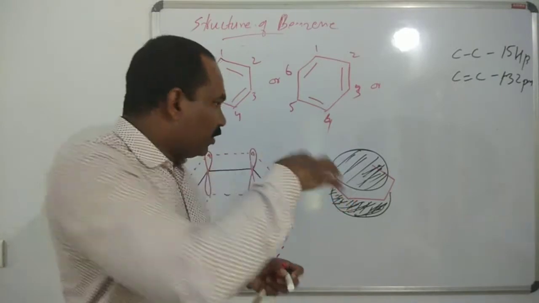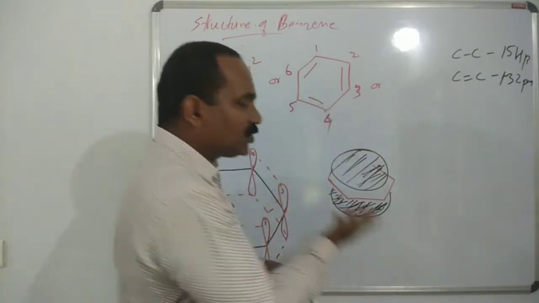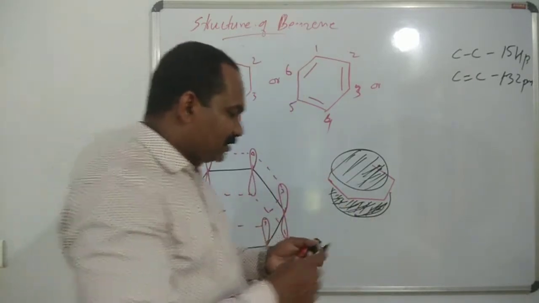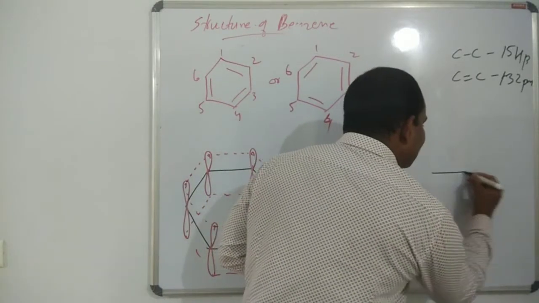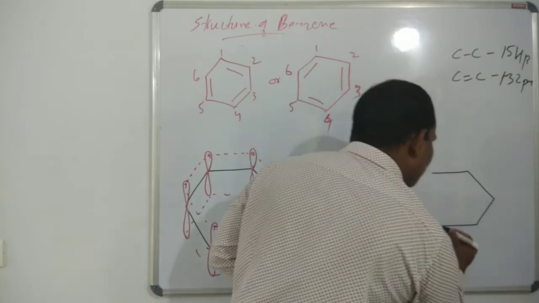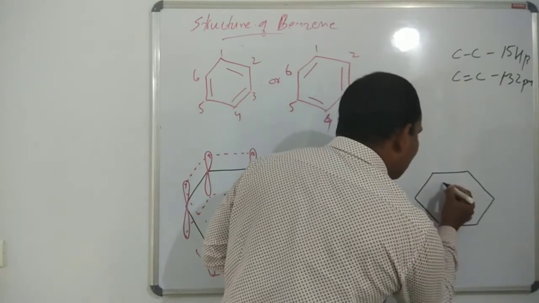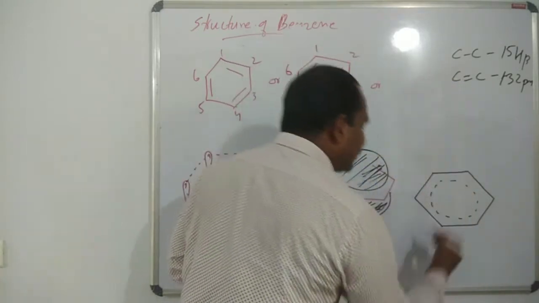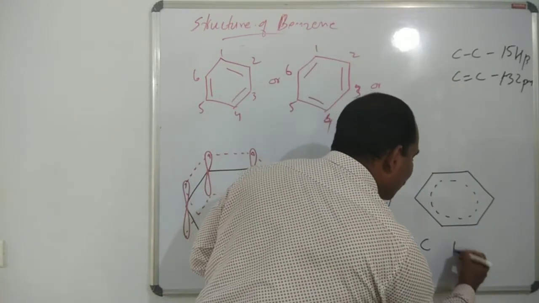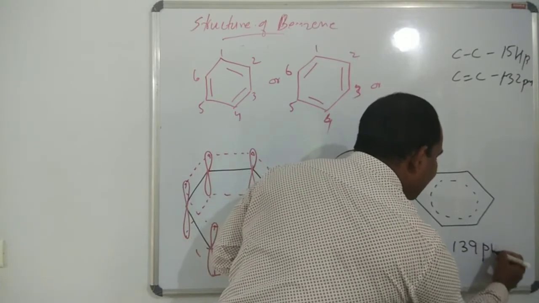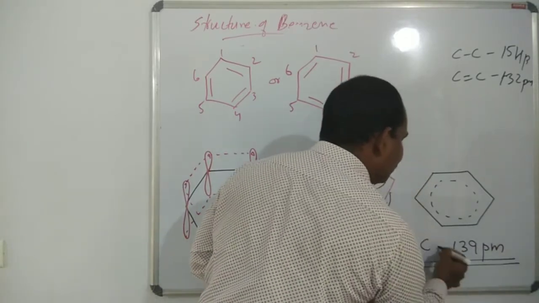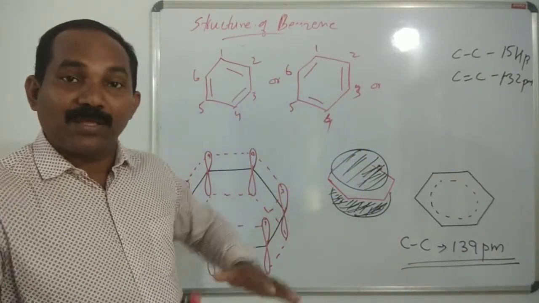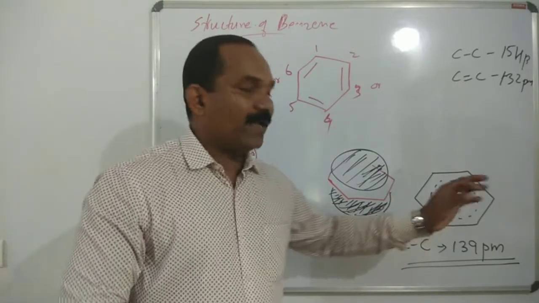One electron cloud above the plane, one electron cloud below the plane, and that is the structure of benzene. The MO theory explains the structure. The carbon-carbon bond length is in between, 139 picometer. MO theory easily explains the bond length 139 picometer.